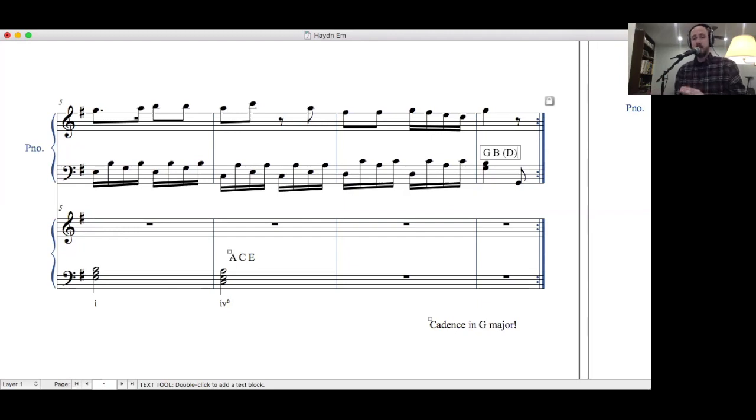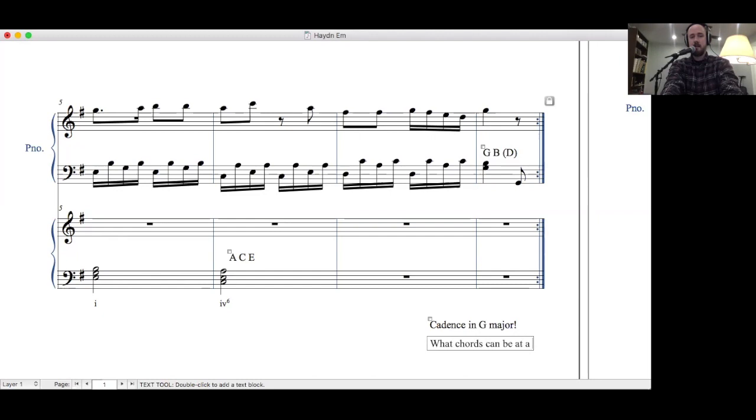So our big question is, is this a cadence in G major, or is it another key that could have G as the cadence point? Well, to do that, we've got to say, okay, what chords can be at a cadence?